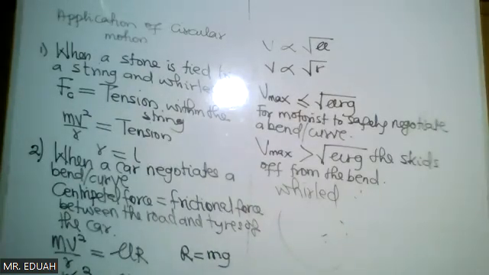If the radius of the curve is 35 meters and the coefficient of static friction between the tires and the road is 0.50, find the maximum speed of the car for which it can turn successfully.